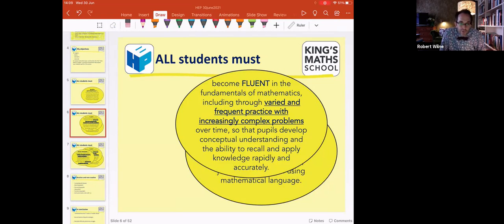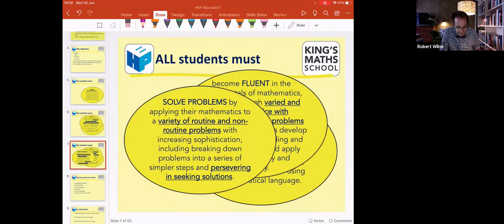How, as we go from question 1 to question 2, or even from question A, question B, question C within question 1 and then ABC within question 2, how is the complexity increasing? And then they must solve problems, some of which are familiar and some of which are not, routine and non-routine. Part of the consequence of doing so is that they develop that habit of mind of resilience and perseverance and persistence in seeking solutions.